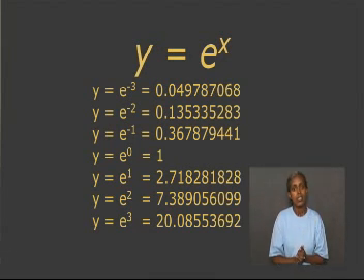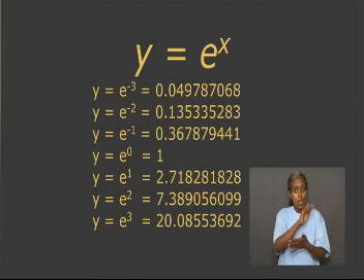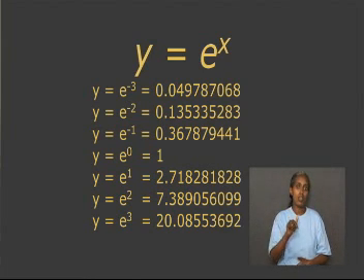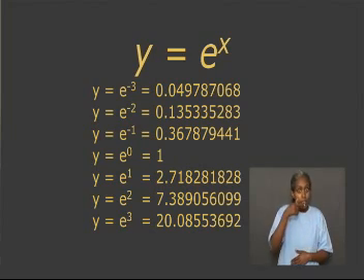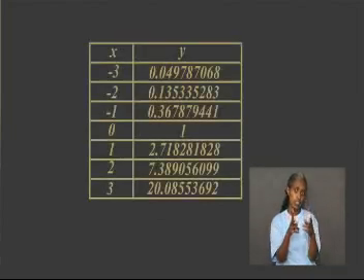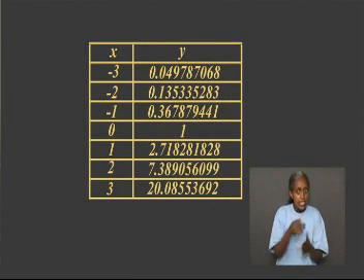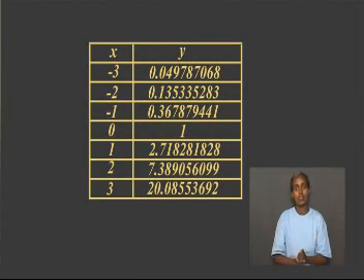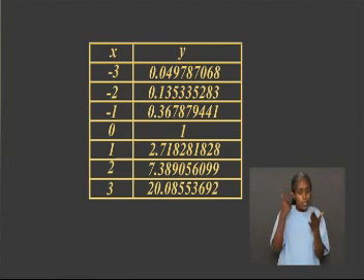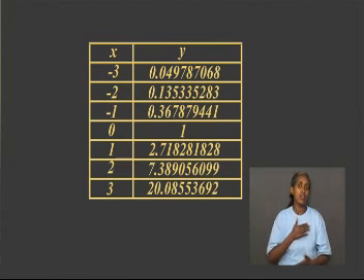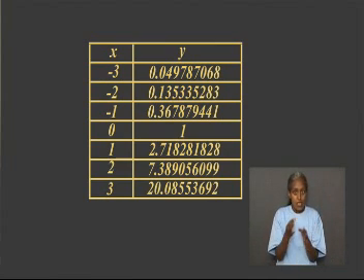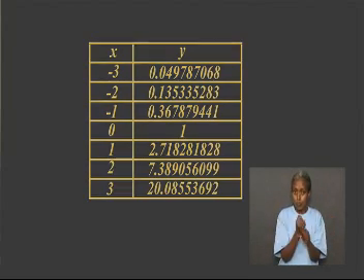But notice the relationship between x and y. We can already tell how the graph of this function will look. Here is our table of values. I hope that yours looks the same as mine. If it does, then we are ready to make our graph.